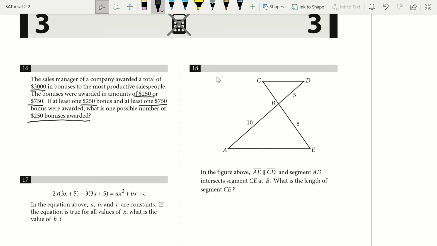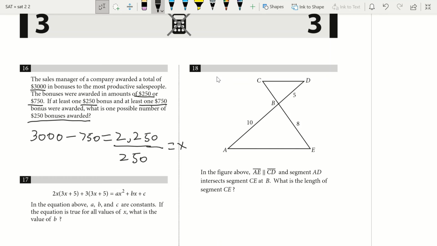Let's say that just one $750 bonus was awarded. So we'd have 3,000 minus 750, which gets us $2,250 left for our $250 bonuses. If we divide that number by 250, the cost per bonus, and say x is our variable, then x will equal $2,250 divided by $250 for each bonus.